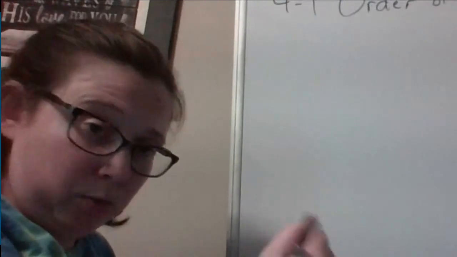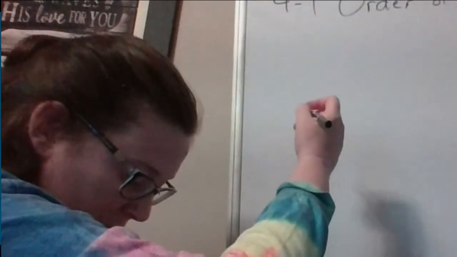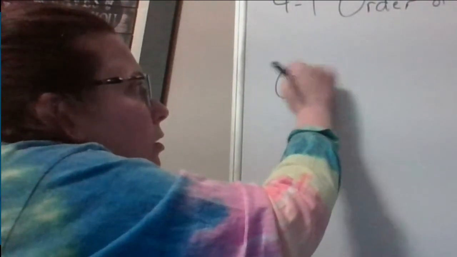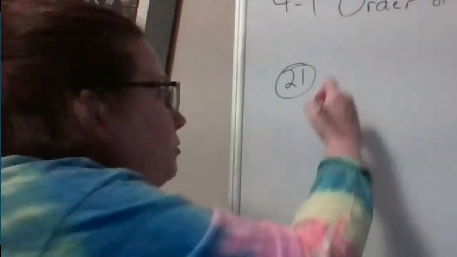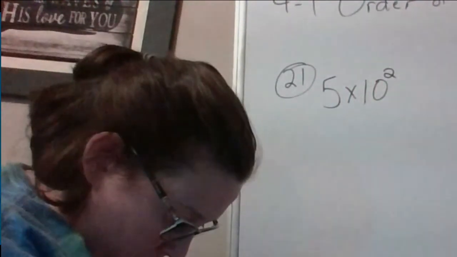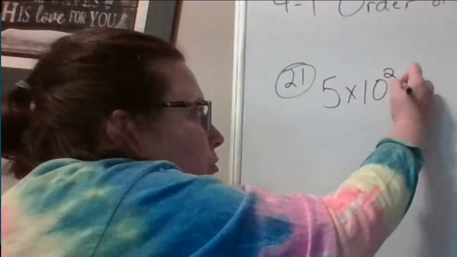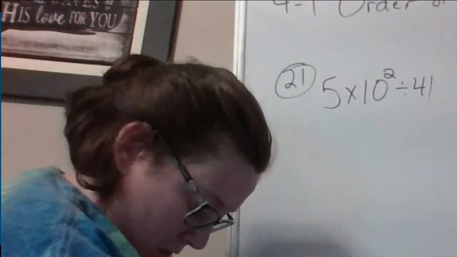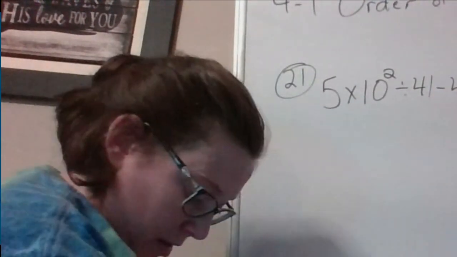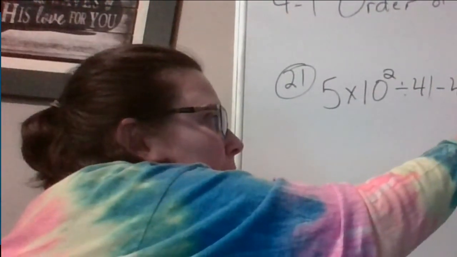Actually, you're given an equation because there's an equal sign. So say, let's do number 21. We are given 5 times 10 squared divided by 41 minus 4 squared, and that's equal to 20.